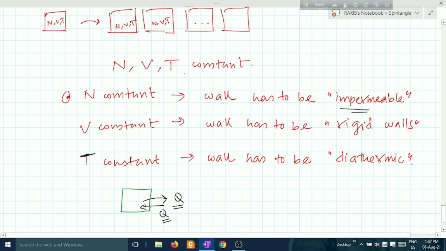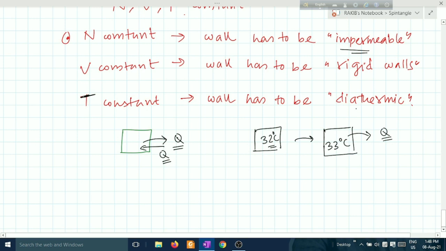Say the system was initially at 32 degrees centigrade, and by some means the system increases its temperature, so it has to cool down. To cool down, it has to release some heat. To do this, the wall has to be diathermic.